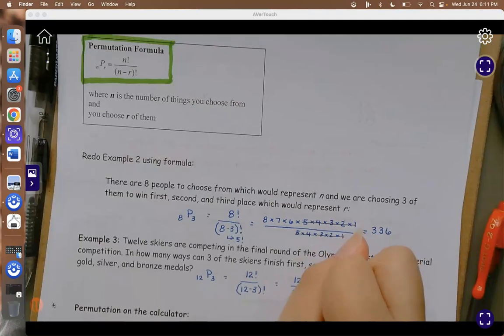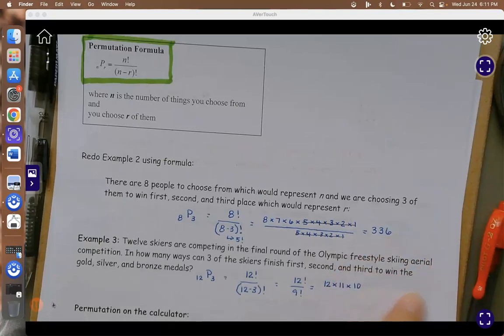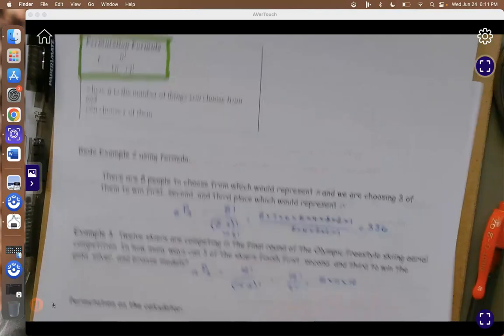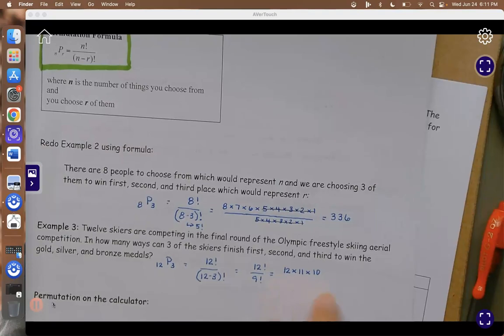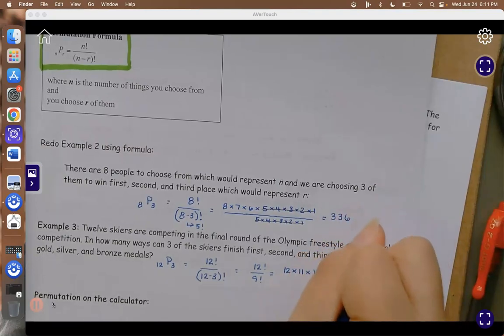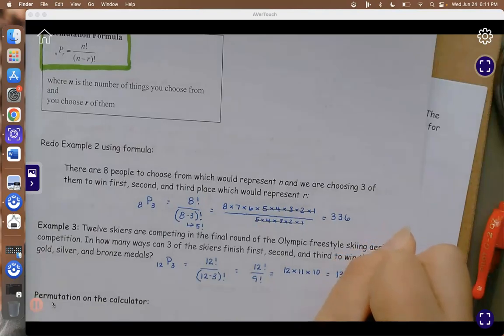And here you have 12 times 11 times 10, and then you have the 9 times 8. But that's going to cancel out with this. So you only have to use that number. So 12 times 11 times 10 is 1,320 ways.